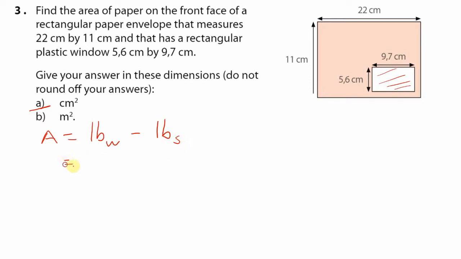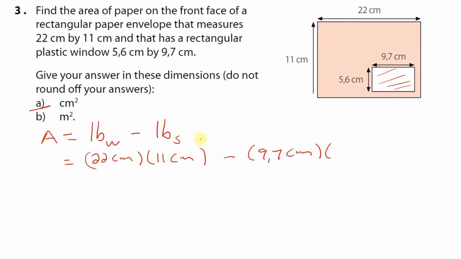section. So we have 22 centimeters in the place of length. In the place of the breadth, we have 11 centimeters. If we look at the small rectangle, in the place of the length, we have 9,7 centimeters.